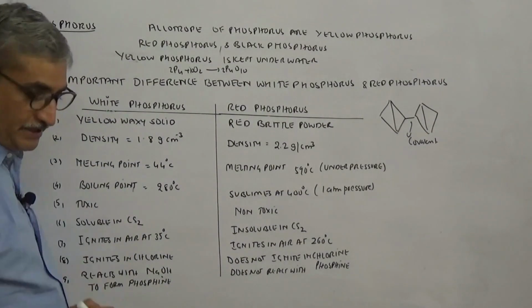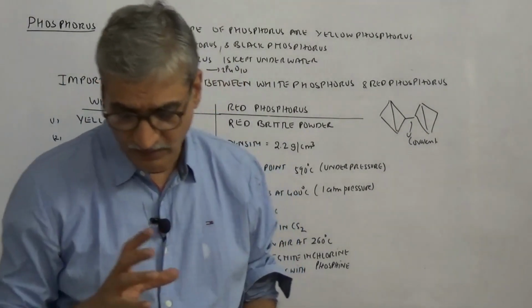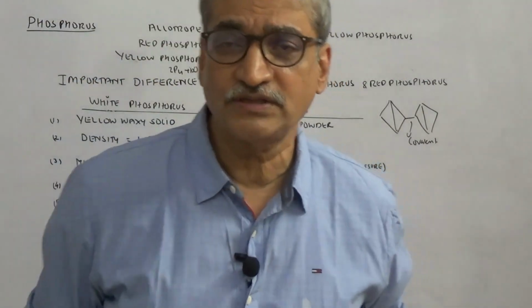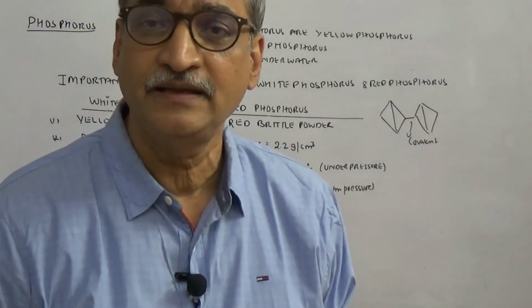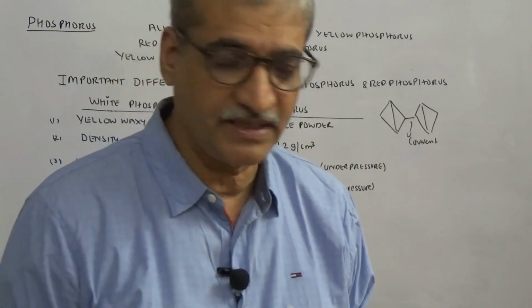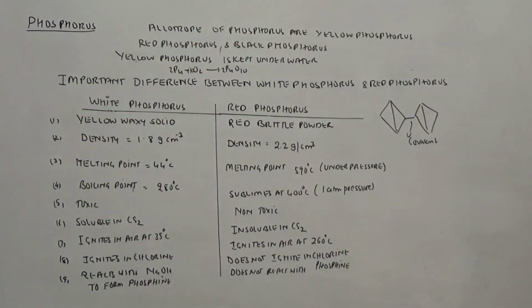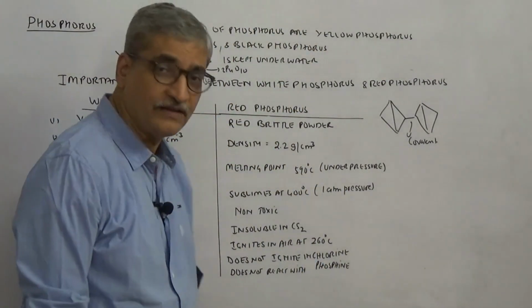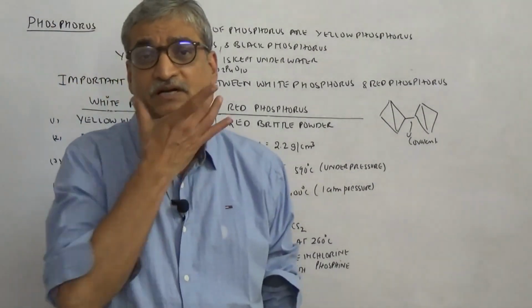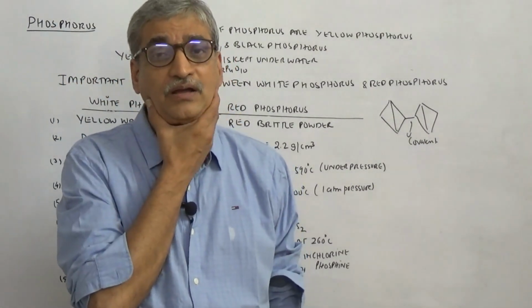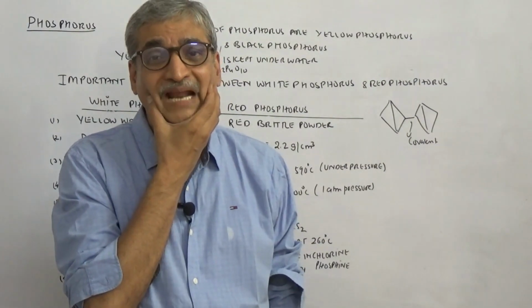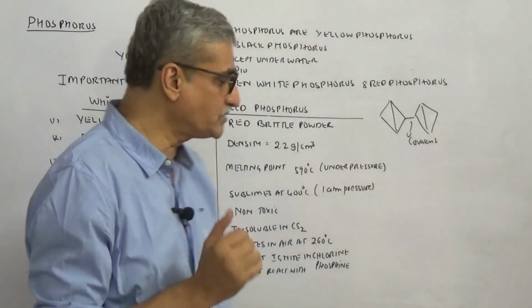See, the fifth point, yellow phosphorus is toxic. What happened was, originally it was yellow phosphorus which was used for making safety matches. And the workers suffered from a disease called phossy jaw. The jaw became very weak, and it wouldn't function, it wouldn't close and open.